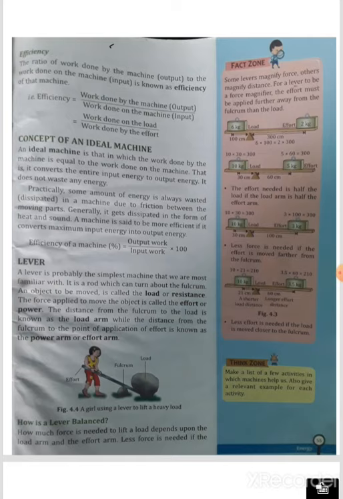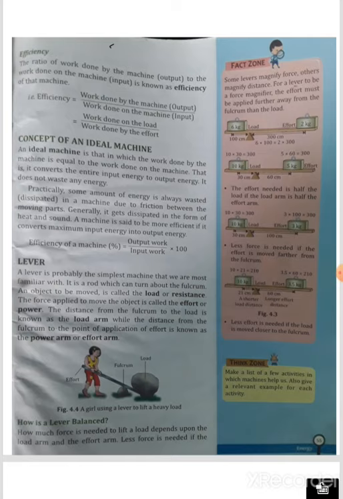It is the ratio of the load, that is the force exerted by the machine, to the effort, that is the force exerted by a person or some external source on the machine. The comparison of these two, load and effort, is called mechanical advantage.